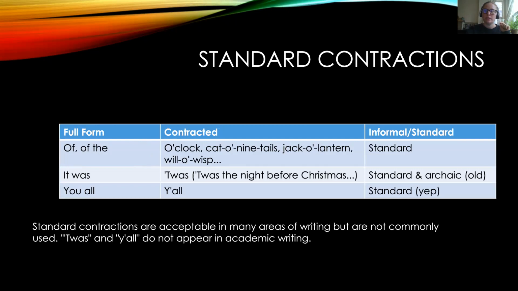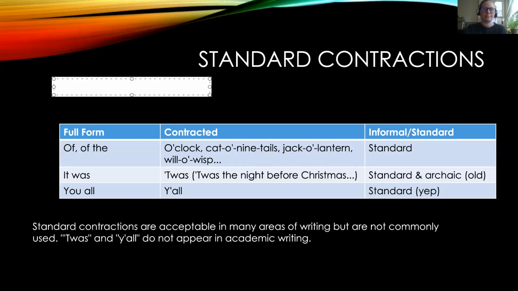So if we were going to say like 6 o'clock, I've typed it in the chat, but I'm going to put it up here as well. So we could say like 6 o'clock. It's 6 of the clock, meaning that it is hitting the number 6.